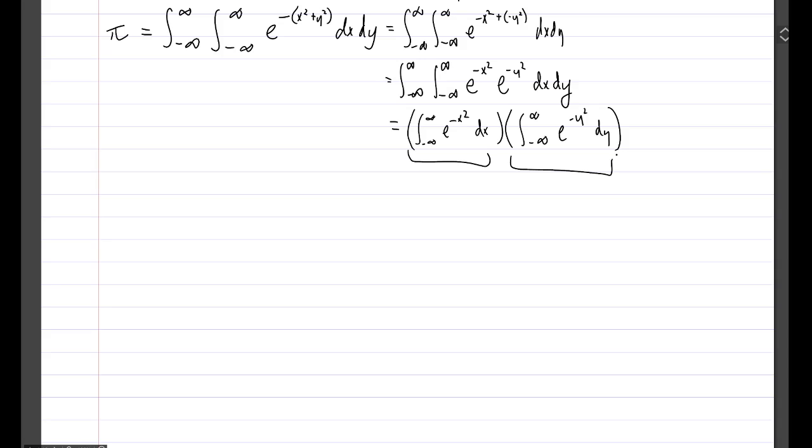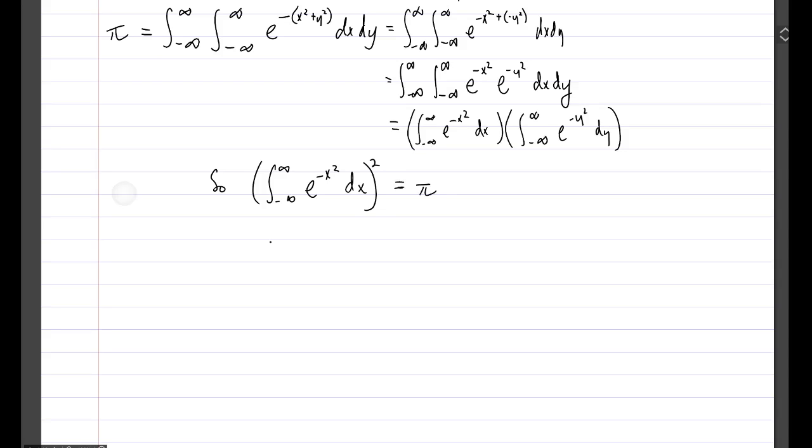It's just with different placeholder variables, x here, x there, versus y here and y there, but it's really the same integral. So if we summarize what we have here, I'm just going to write this and then write that squared. So we have the quantity integral negative infinity to infinity of e to the negative x squared dx, times really itself, even though the second copy was written with y's, is equal to pi.